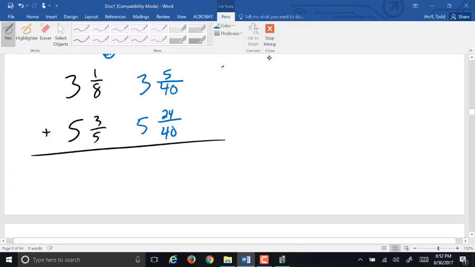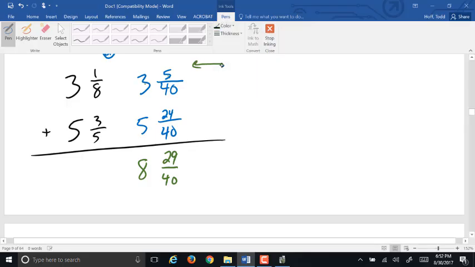So now, just like adding whole numbers, we'd start on the right and work our way back to the left. We always start with the last digit and work our way backwards. We do the same thing here. The last digit is the fraction, so we do that first. 5 40ths and 24 40ths makes 29 40ths. Then the next digit, 3 plus 5 is 8.